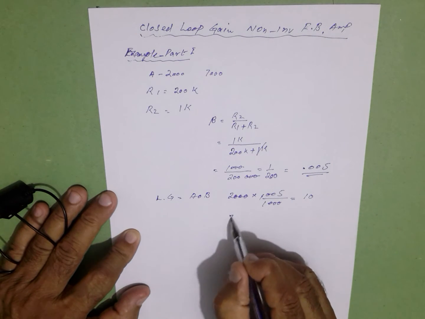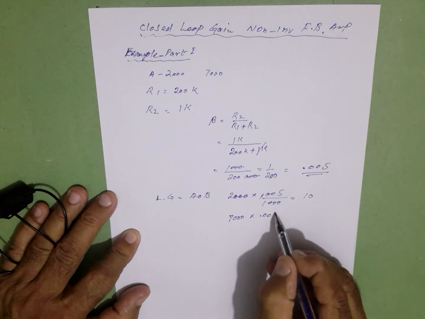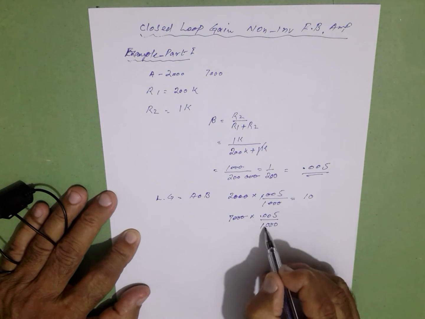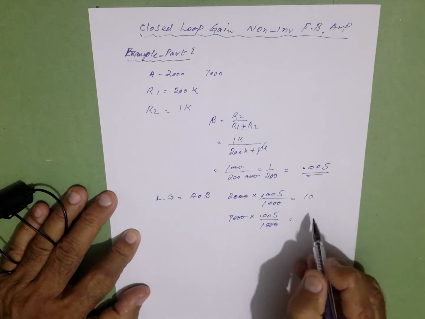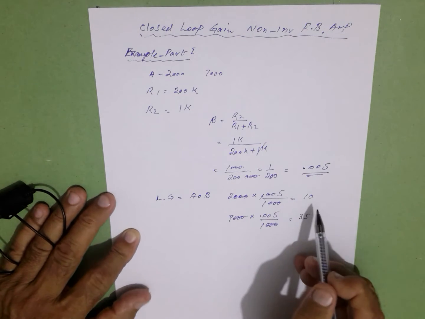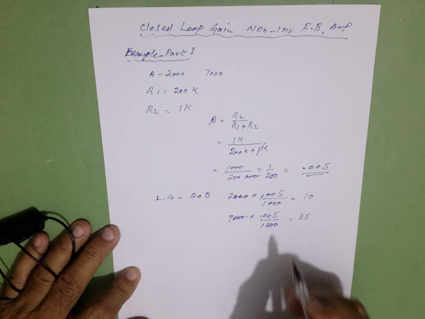For 7000, it is 0.005, these 3 zeros cancel, and it is 35. Loop gain for 2000 is 10. Loop gain for 7000 is 35.